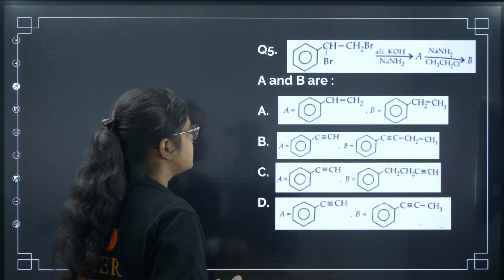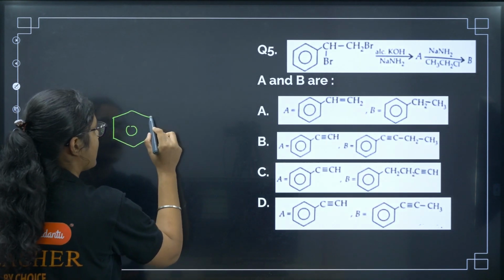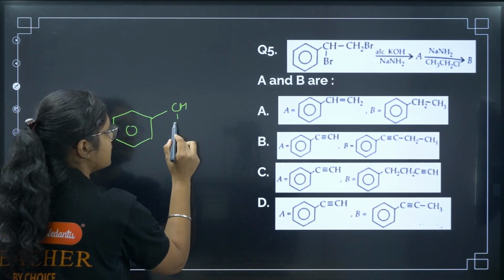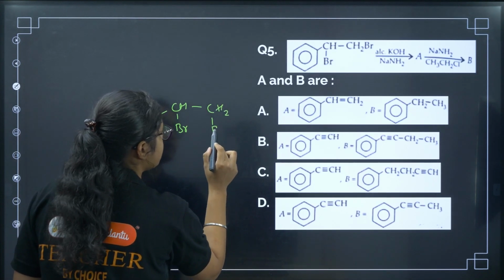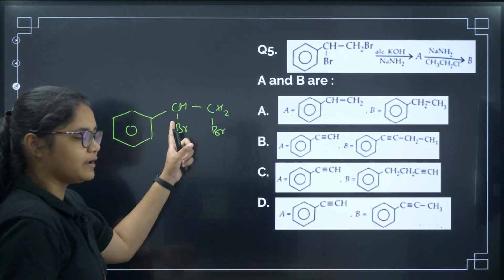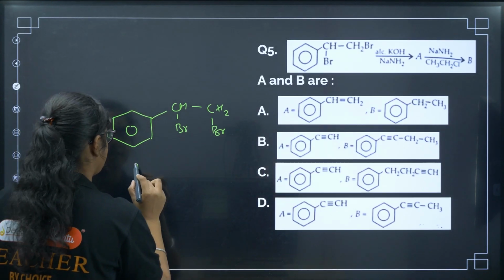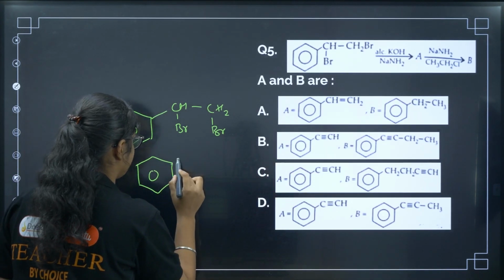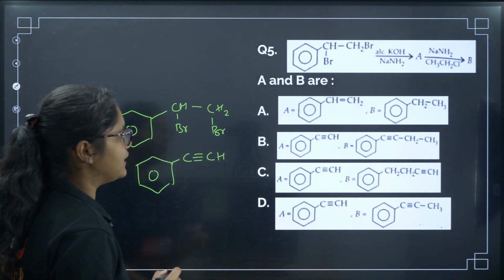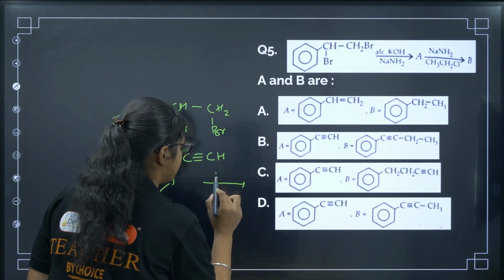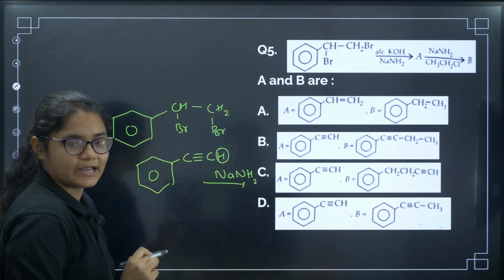Okay, next question. So we have this one with bromine, and you have CHBr, CH2Br. So when you treat it with alcoholic KOH, there will be one elimination of HBr, and NaNH2 another elimination. So first we will get here one ethyne group attached to the benzene ring, right? Now when you treat it again with NaNH2 and CH3, what will NaNH2 do? It will abstract the terminal hydrogen, which is highly acidic.